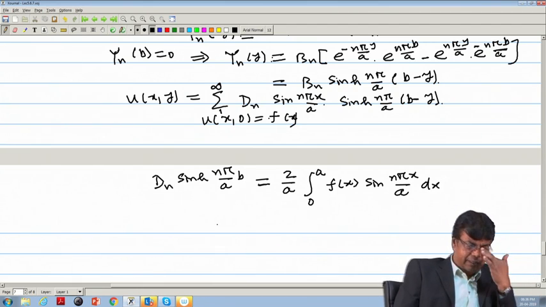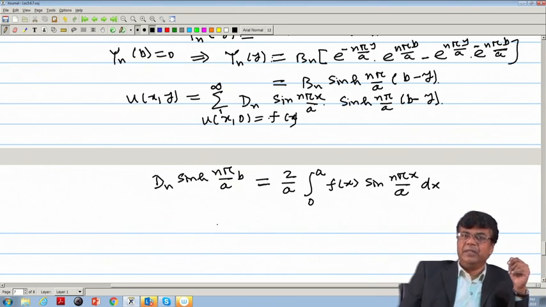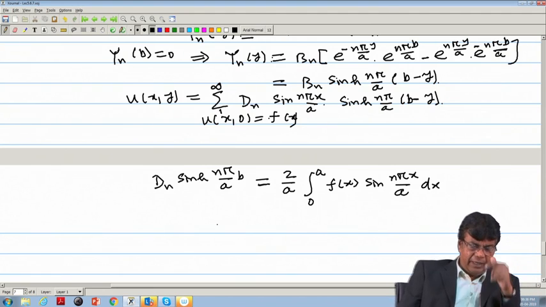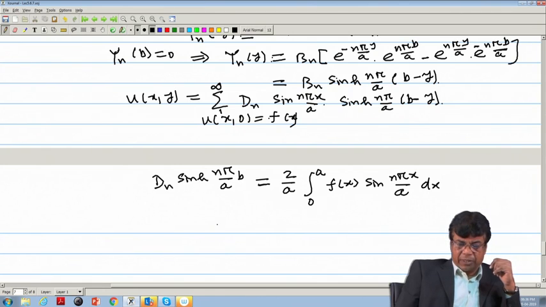Another is the convection mechanism without any diffusion occurrence, that is the hyperbolic one, and this is the elliptic, which governs any potential equations or heat distribution in a steady state and all these things.